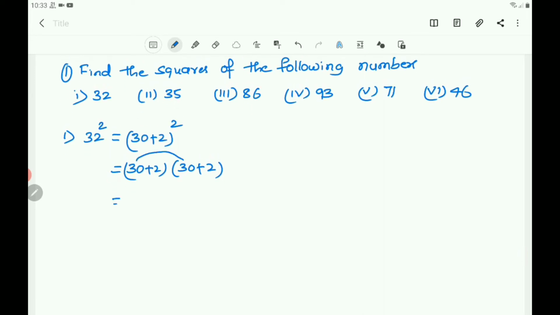Now you multiply: 30 square plus 30 into 2, plus 2 into 30, plus 2 into 2.